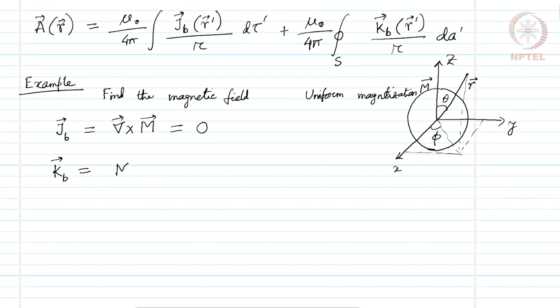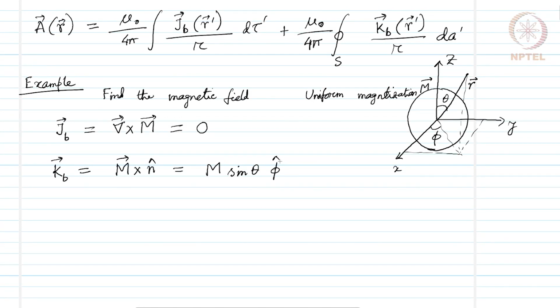That would be given as magnetization cross n cap, which is M times sine theta, and it's along the phi cap direction, because if we consider a surface element on the curved surface, n cap would be along r cap direction, along the radial direction, and magnetization is along z direction.